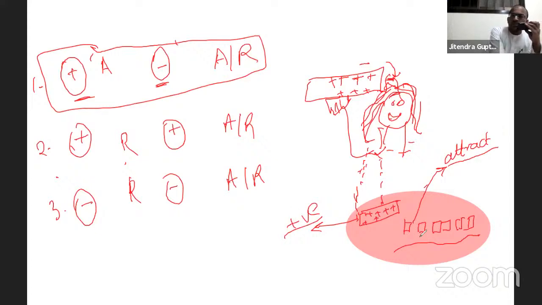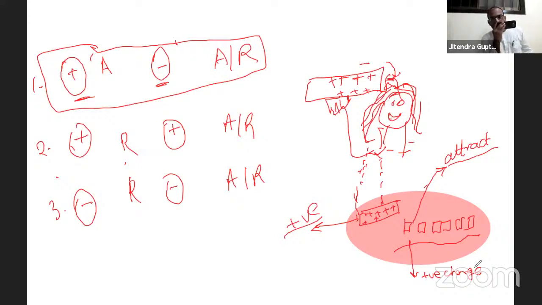Are you giving positive charge to the pieces of paper? From where will the positive charge come? You are giving no charge. It is practically neutral. Then how is this attracting?